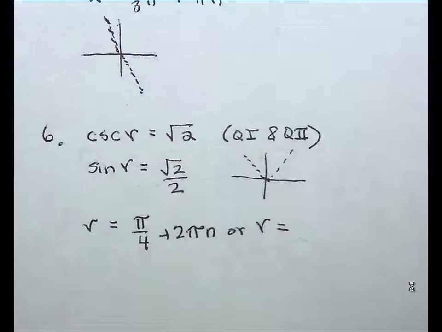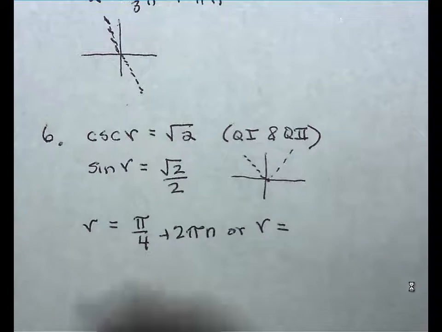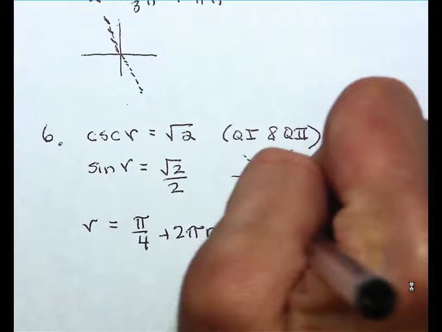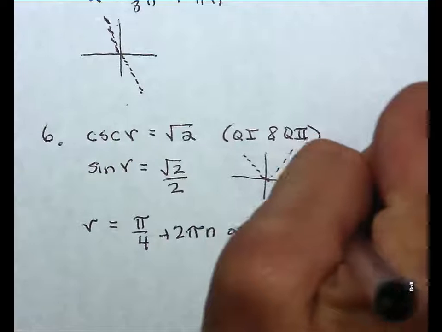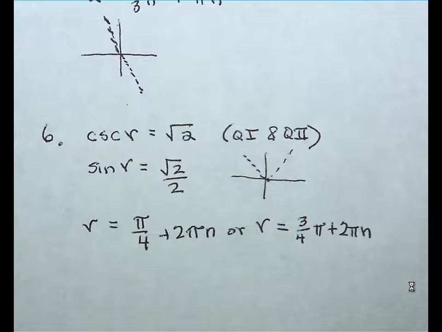Or the second quadrant angle would be what? 1/4, 2/4, 3/4 pi, and all of its coterminal angles. You can't just say pi over 4 plus multiples of 90 degrees, or you would pick up the third and fourth quadrant angles where sine is negative.